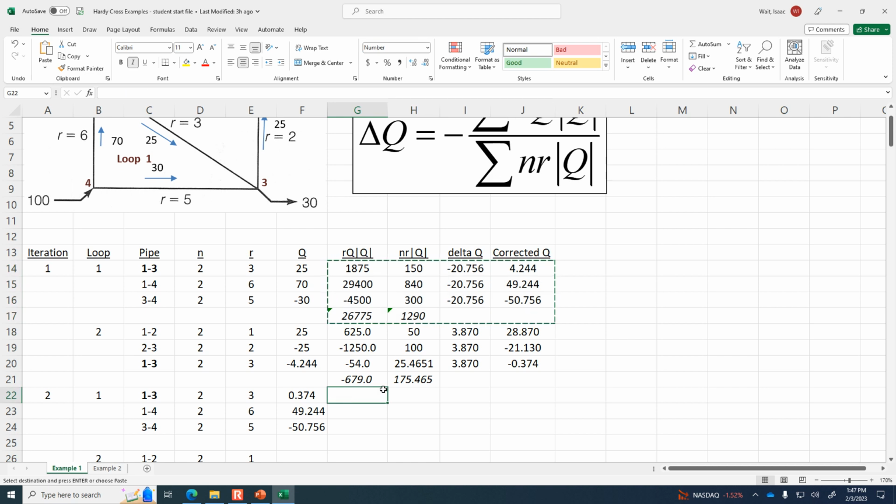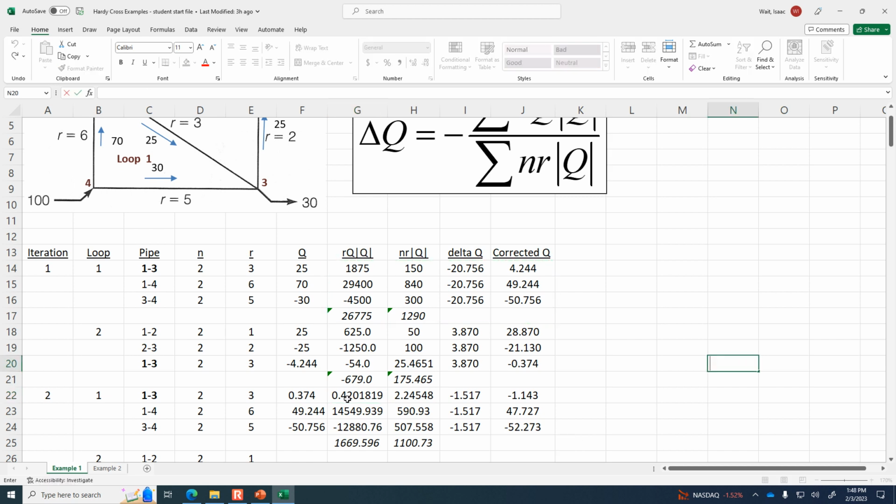I'm going to paste it down here so that it calculates the R times Q times absolute value of Q, calculates the N times R times absolute value of Q. It sums up the three terms above it for both of those. It calculates the delta Q for each one and the updated flow rate.